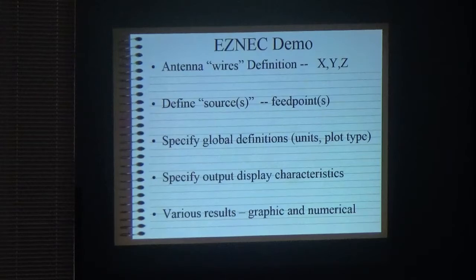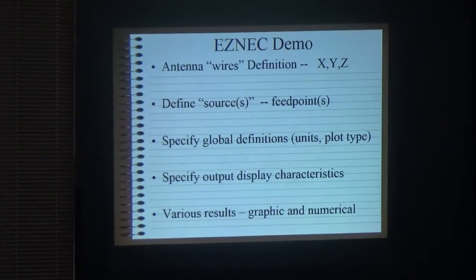So I'm going to show you how to define an antenna, the wires, how they're defined, and define the sources or the feed point, how you're driving it, what the power rating is, and so forth. There are some global definitions that have to take place. You have to know, are you in feet, wavelengths, meters, millimeters, what kind of plot do you want? You want a 2D plot, an elevation, an azimuth, a 3D plot.